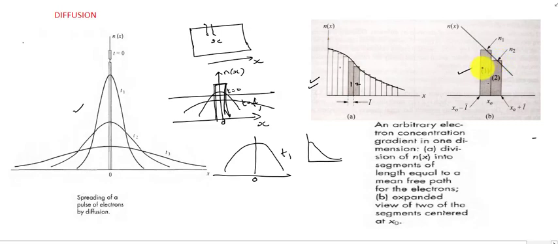We can derive the current equation through this analysis. We have two segments, segment 1 and segment 2, and n of x evaluated at the center of n1 and n2.